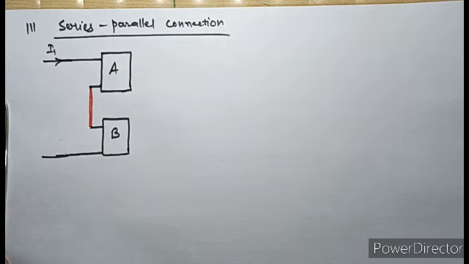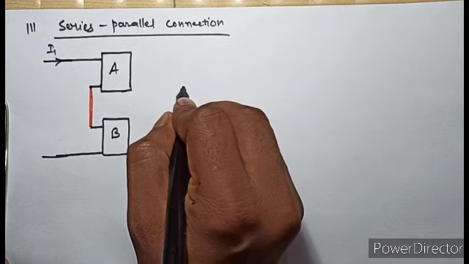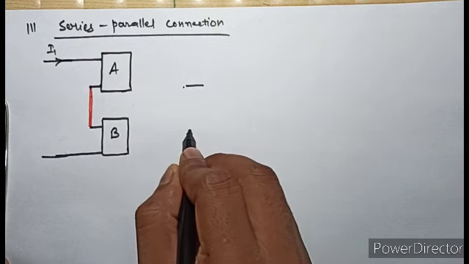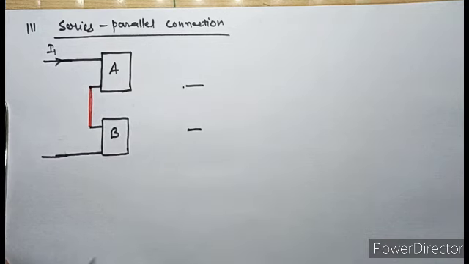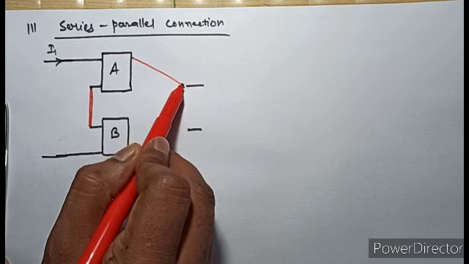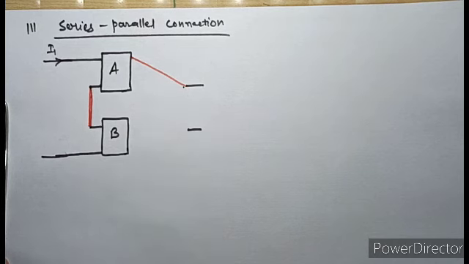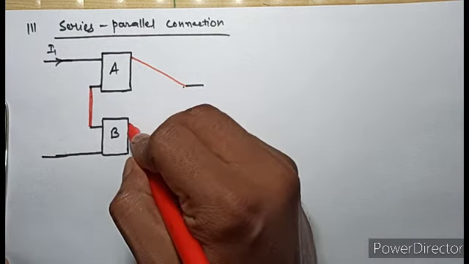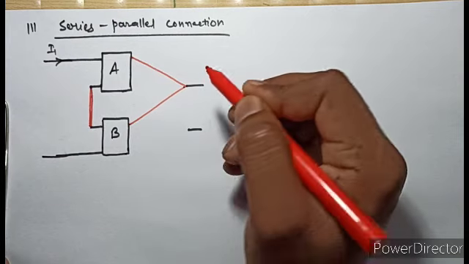And in the output port, we have to connect in parallel. And to connect in parallel, what we have to do, we have to make the port voltages the same, right?